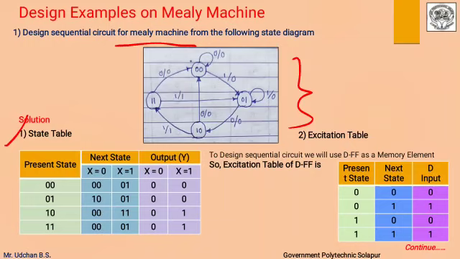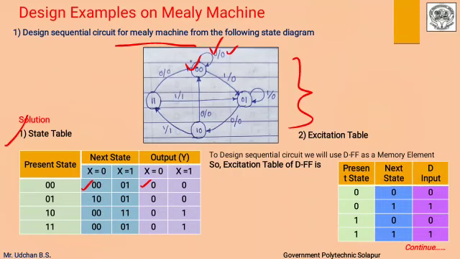Now if we see the state 0 0, we will check that state for input 0 and input 1. First, when input is 0, the state remains in that state only, therefore here 0 0 is written, and for that output is 0, shown over here.